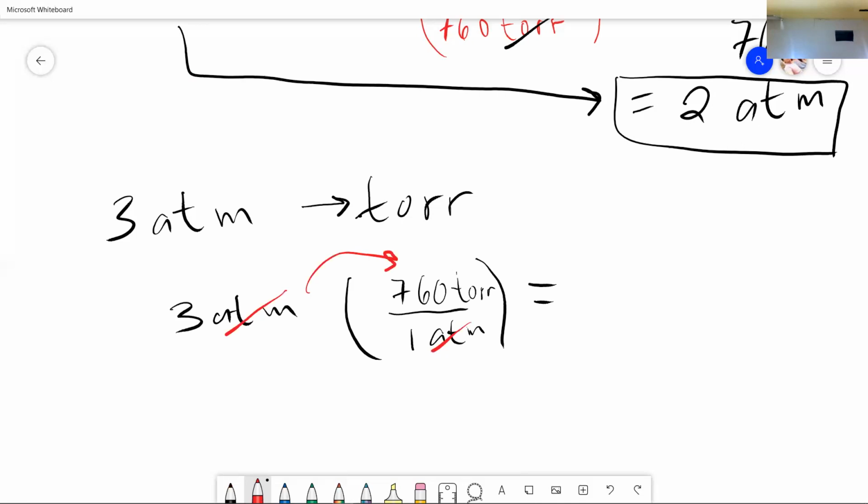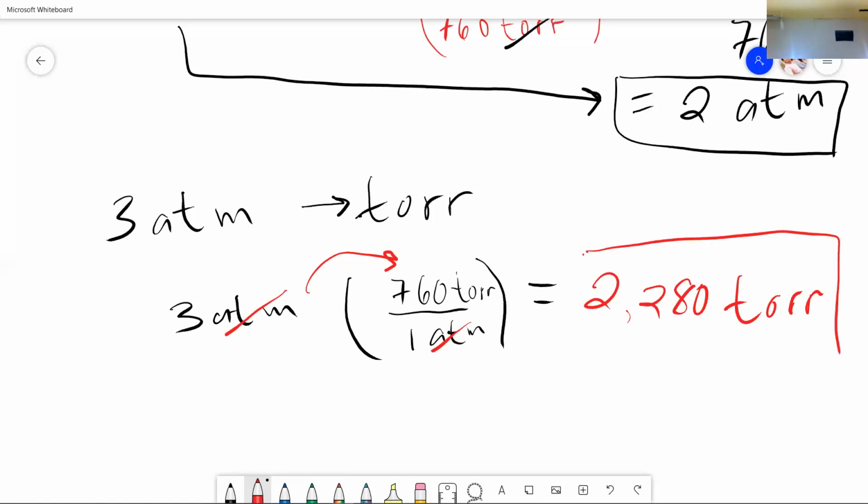The result will be 3 times 760, and that is 2,280. The unit is torr. And that's how we convert ATM to torr, and whatever unit is being asked.